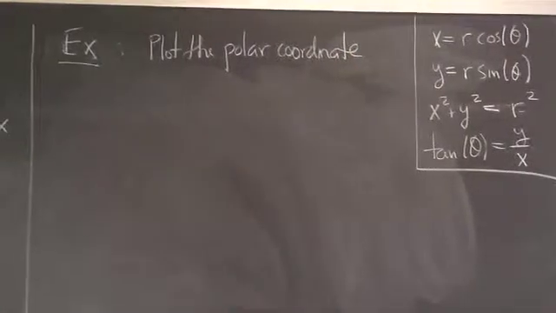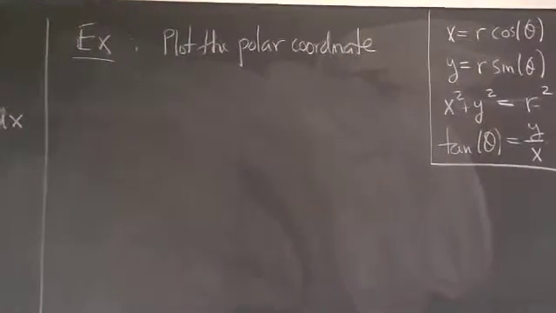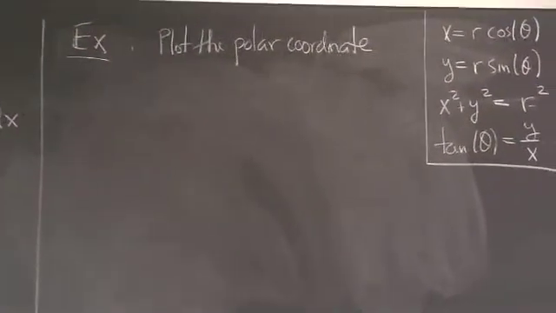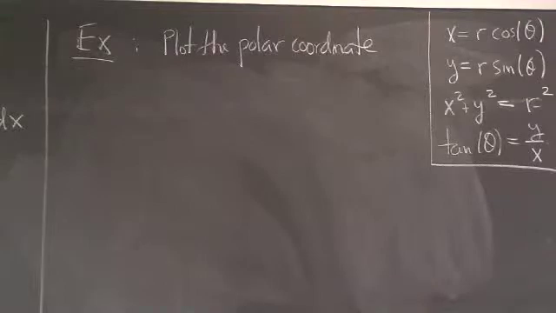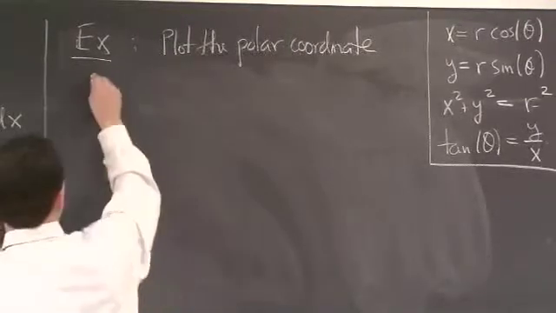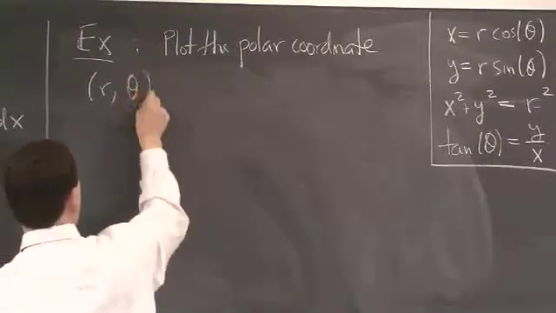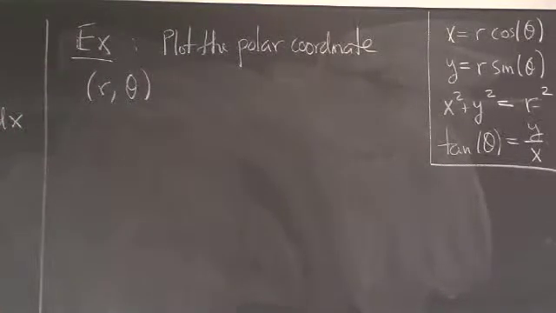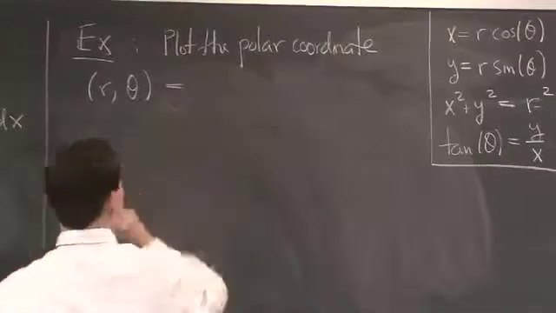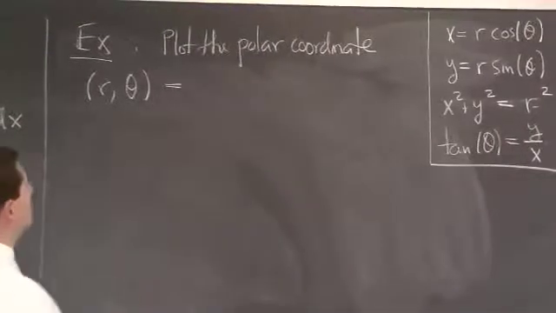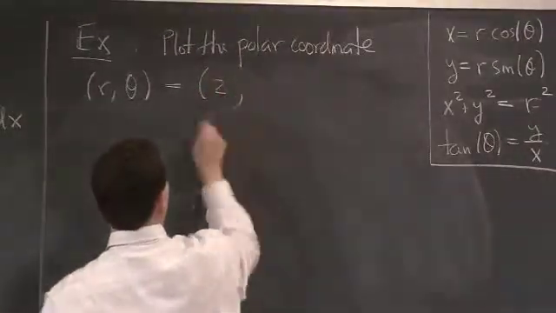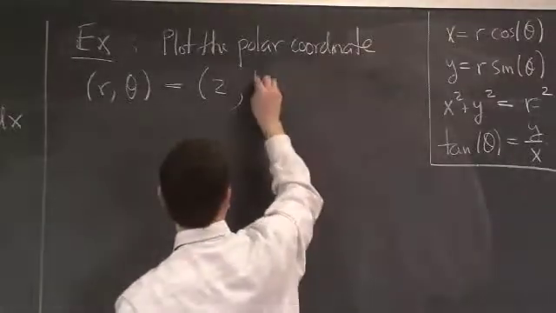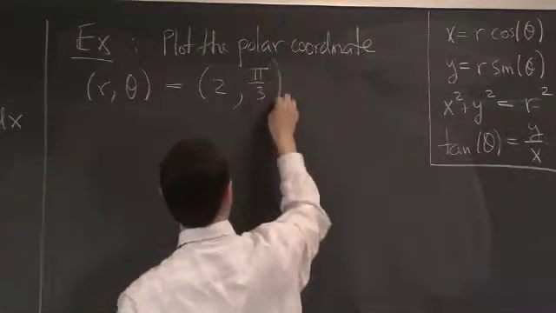Well, the way a polar coordinate is given is not as an x comma y, but as an r comma theta. Okay. So I have to give you an r, and I have to give you a theta. So let me give you 2 comma pi over 3.